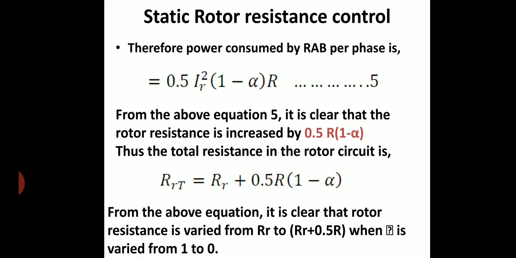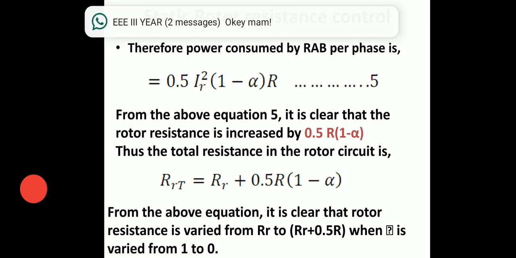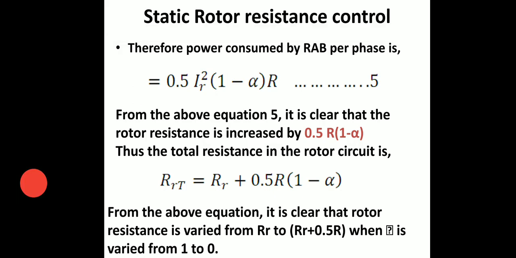Therefore, power consumed by RAB resistance per phase is 0.5 IR squared (1 minus alpha) R. This is the fifth equation. From this equation, it is clear that the rotor resistance is increased by 0.5 R into (1 minus alpha).